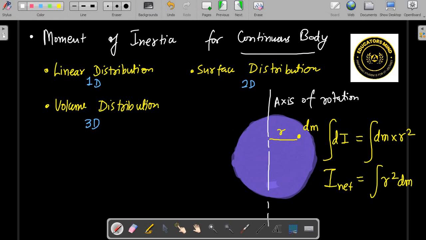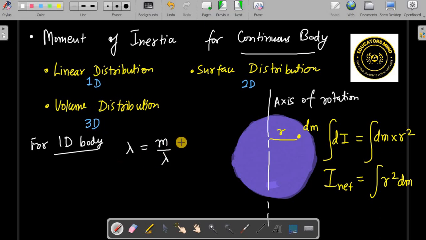And for linear distribution we define linear mass density lambda, for surface distribution sigma surface mass density, for volume distribution rho volume mass density, right? So for a one dimensional body, or for 1D body, you can define lambda is equal to mass by length.